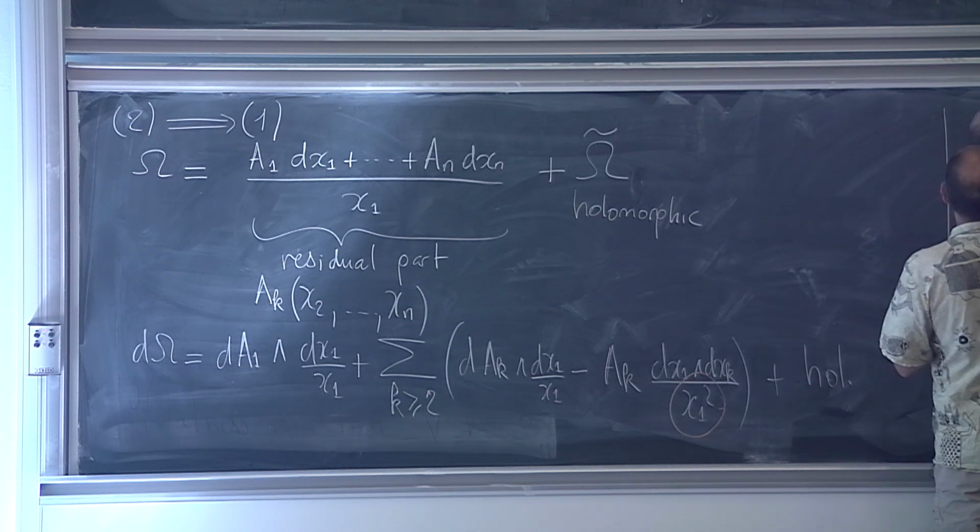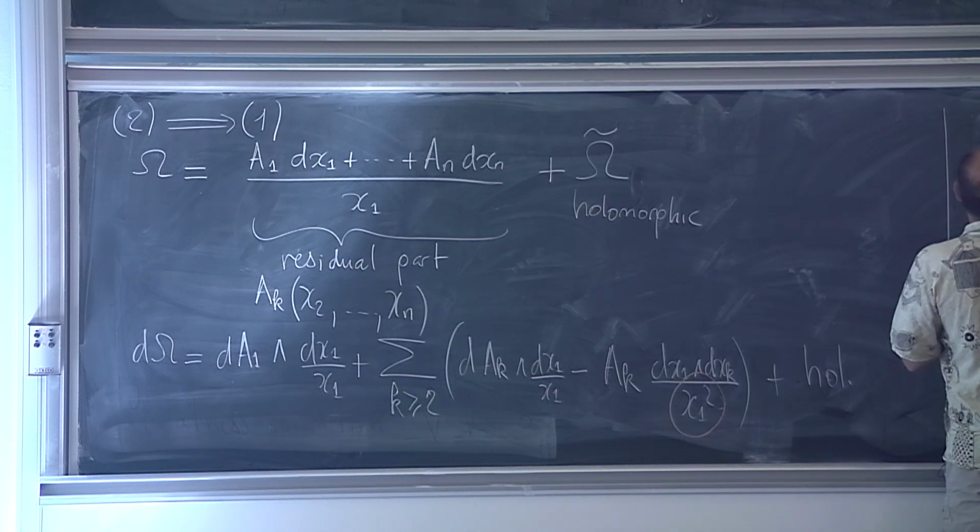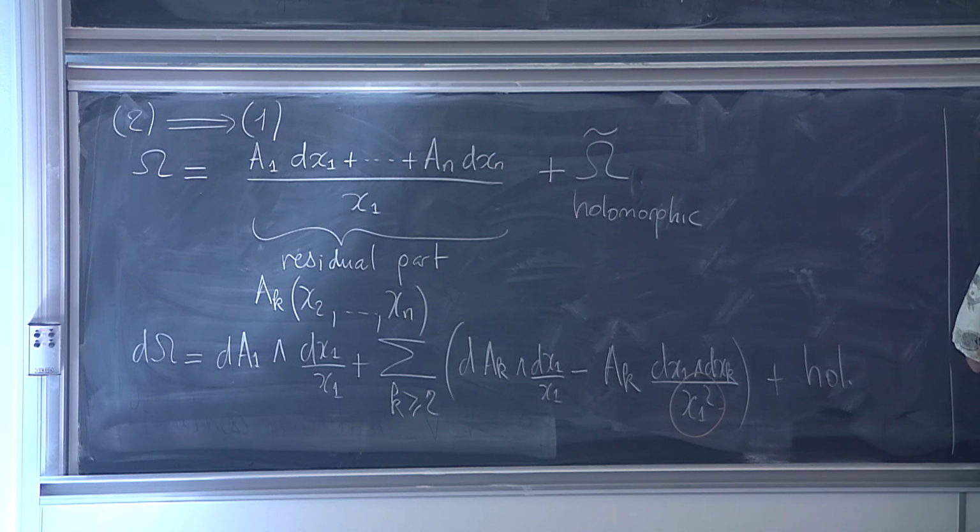So the logarithmic condition means that we have simple poles. This implies that Ak are 0 for k greater or equal to 2.